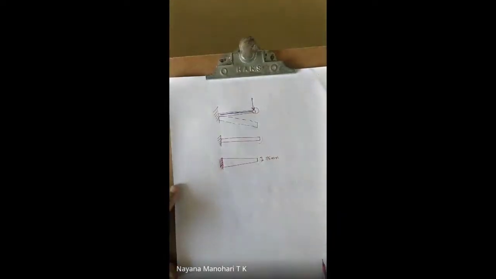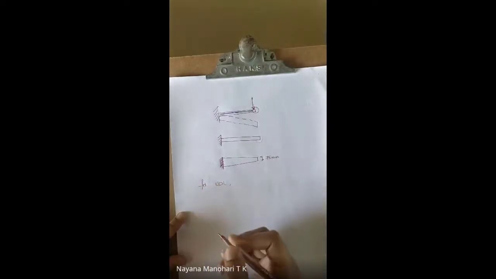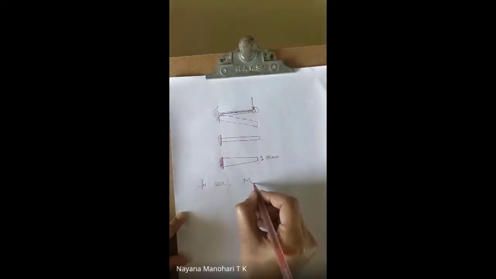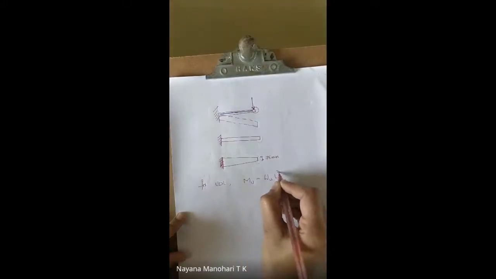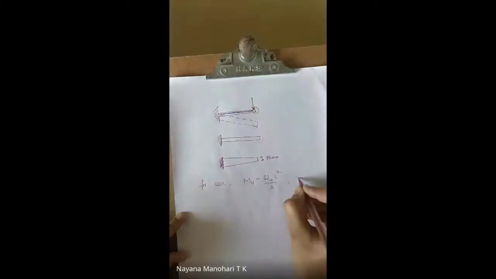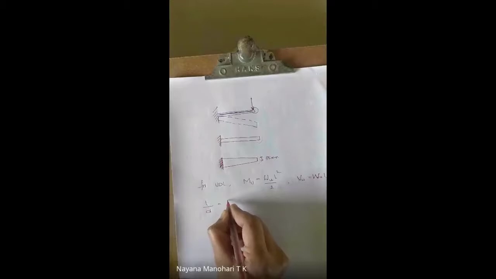In the design, the following points need to be noted, that is for UDL. For UDL, the design moment or the ultimate moment for the cantilever portion is given by wL square divided by 2, and the shear force is given by Vu equals w into L. The span by effective depth ratio for the cantilever portion is 7.